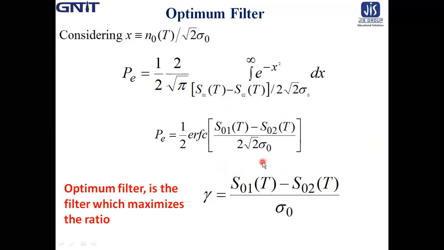Therefore, optimum filter is the filter which maximizes this ratio, that is gamma equal to (S01(t) minus S02(t)) by sigma 0. So optimum filter is the filter which maximizes gamma. Now we are going to calculate the transfer function of an optimum filter.